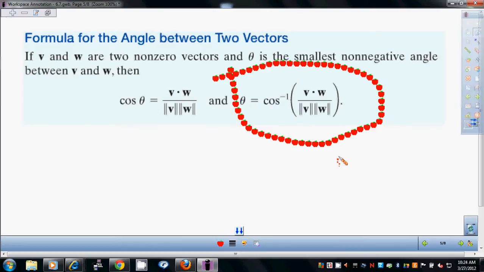Their dot product over their magnitude product. Their dots over their mags. Cosine inverse of dots over mags. Everybody got that written down?